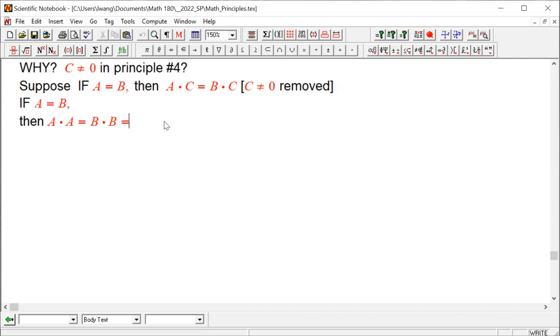And we can also make up all kinds of stories, A times B, because A is B, B is A. So we will end up with something like this.